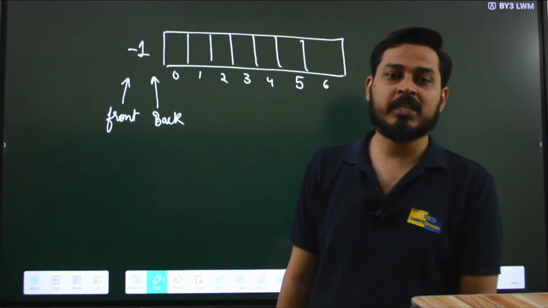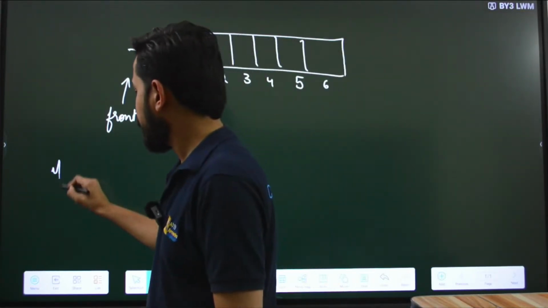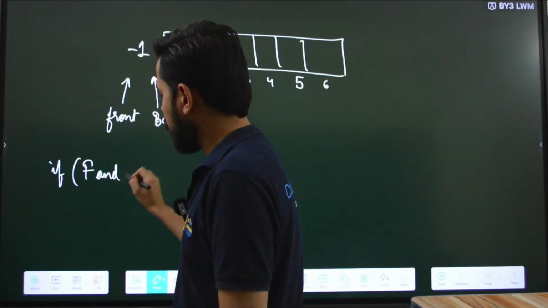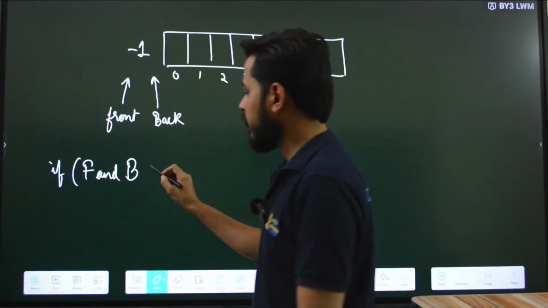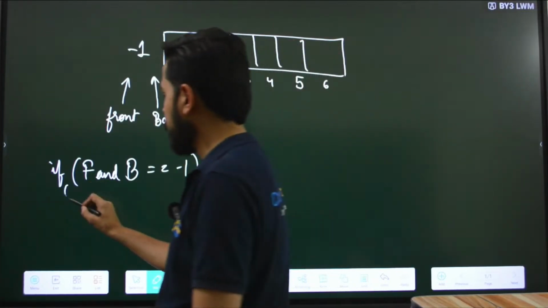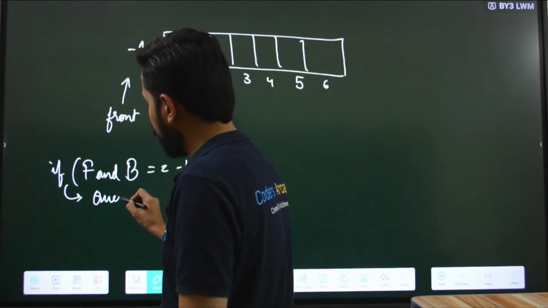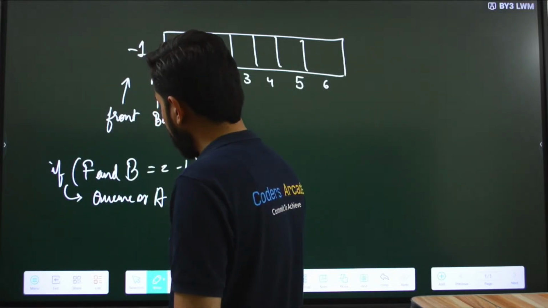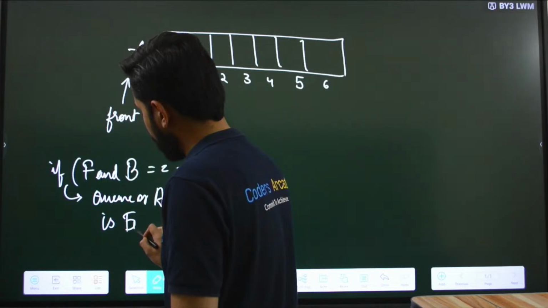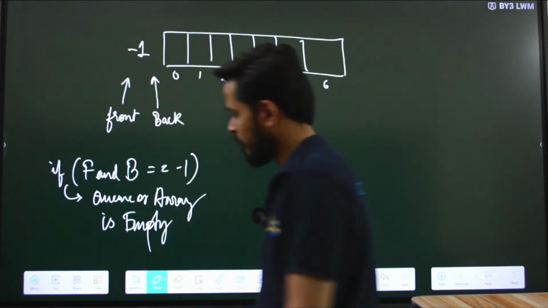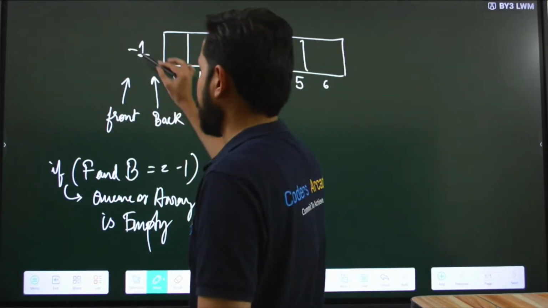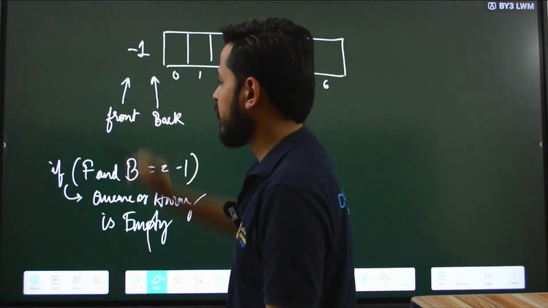So we have this condition that if front and back are equal to -1, that means the queue or array is empty. Alright. So here we have this front and back.